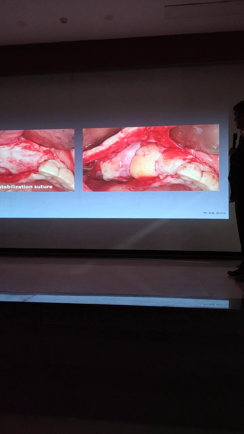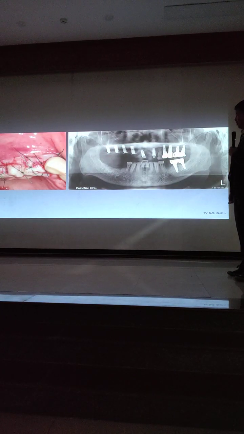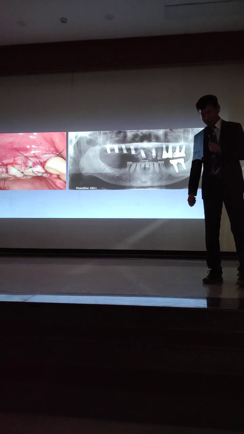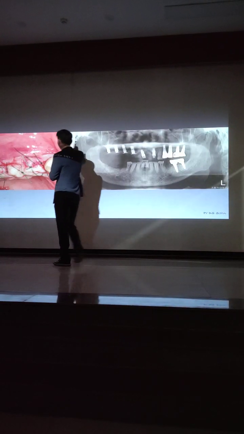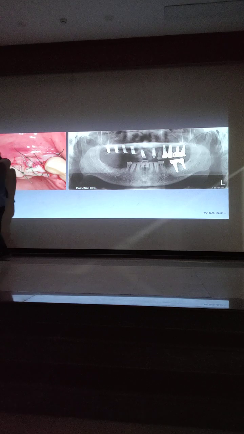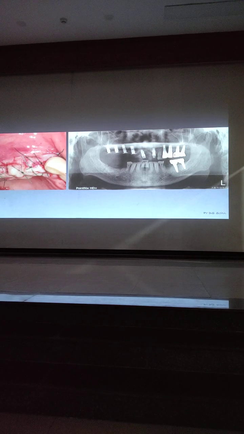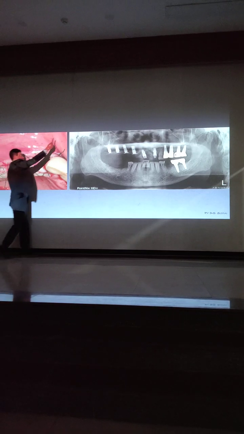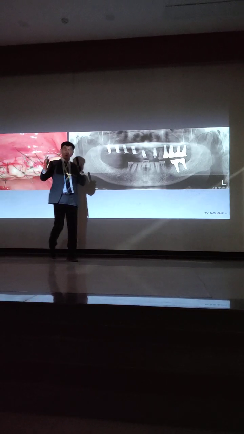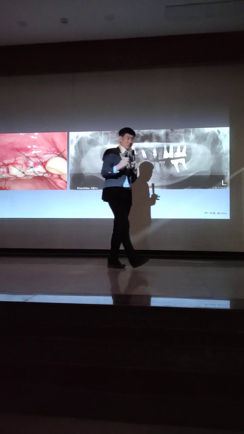Membrane, CGF, and finally tension-free tissue closure was done. As I mentioned before, when you make the delineation incision, it should always extend 2 or 3 millimeters beyond the vertical incision, not between two vertical incisions.